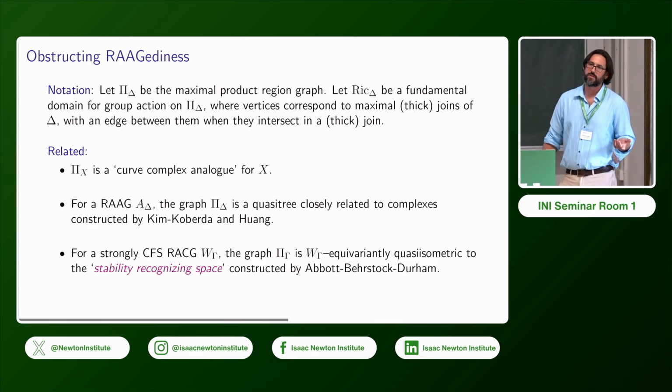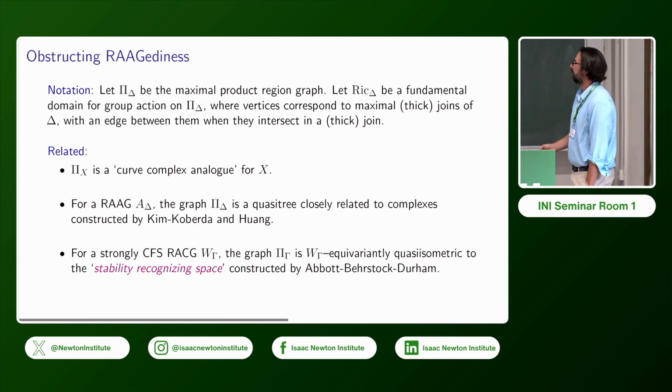There's a notion of stable subgroup, which is a subgroup that is both itself hyperbolic and is quasi-convex with respect to quasi-geodesics. So it's Morse and hyperbolic. A stability recognizing space is a hyperbolic graph that your group acts on such that a subgroup is stable if and only if the orbit map gives you a QI embedding into this graph.